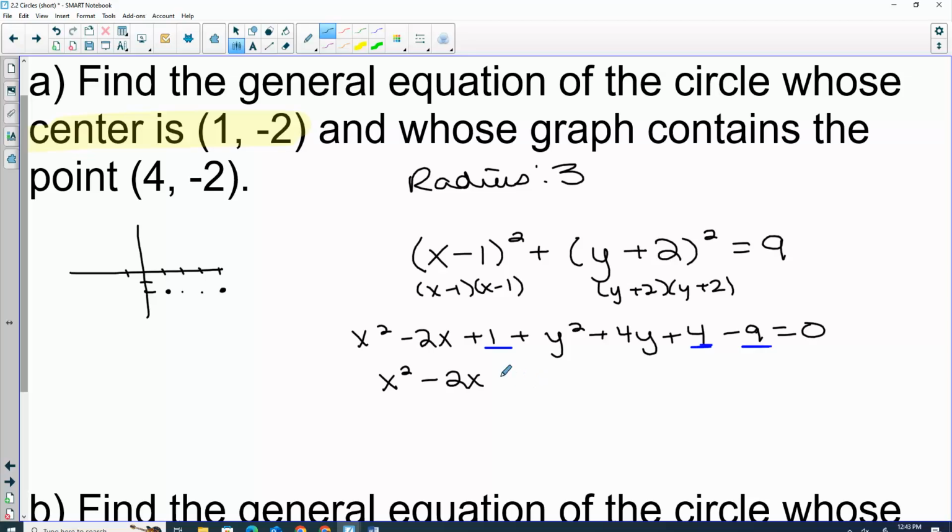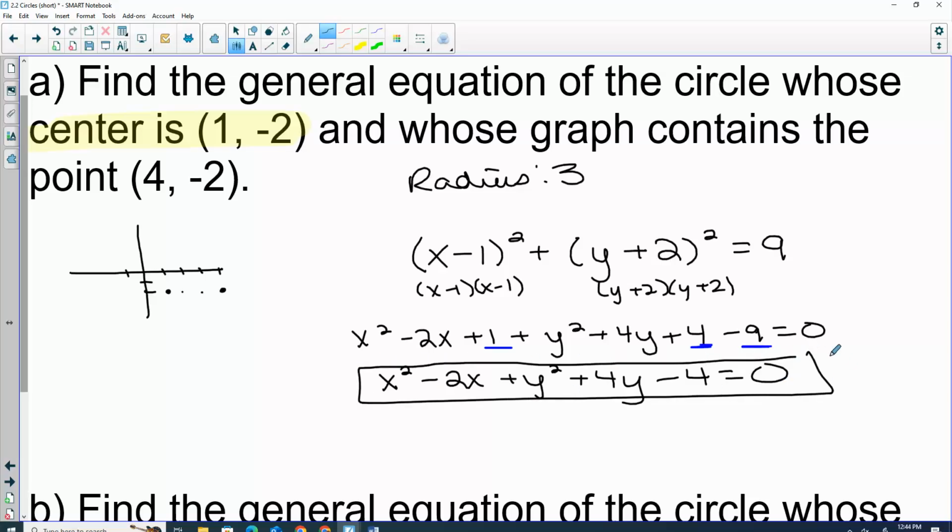So I have x squared minus 2x plus y squared plus 4y. 1 plus 4 minus 9 would be minus 4. So multiply it out, set it equal to 0, combine my terms. Why don't you guys try one?